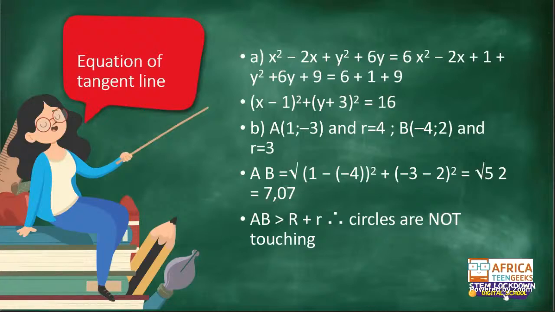And then the square root of 52 will give you 7.07. I see there is a question. Okay, so you're going to see that it gives you 7.07.